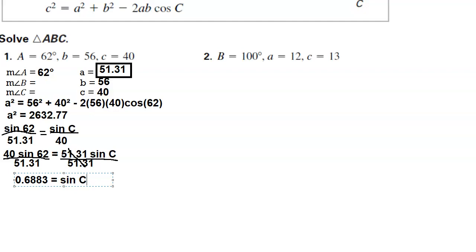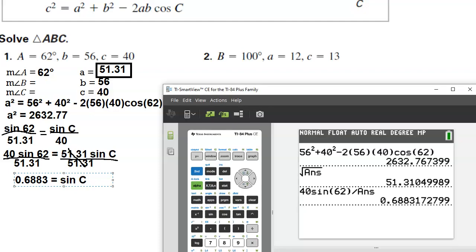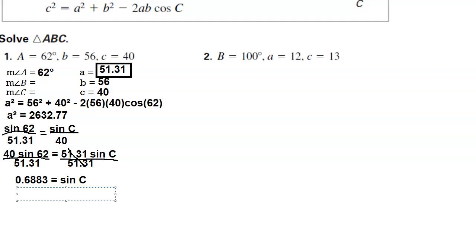And then, to figure out the missing angle, remember, we have to use the inverse function. There's a little symbol for that, but I did not find it on the computer yet. All right, there you go.